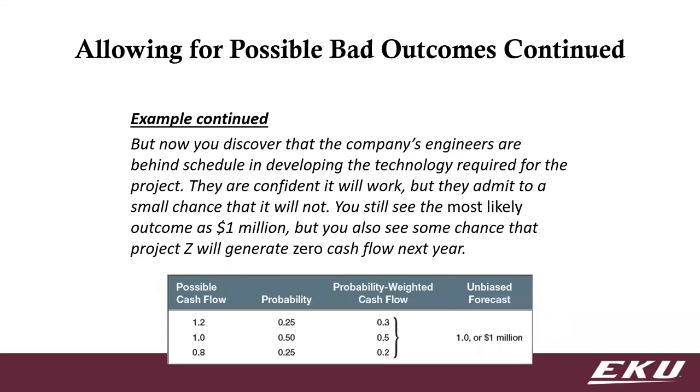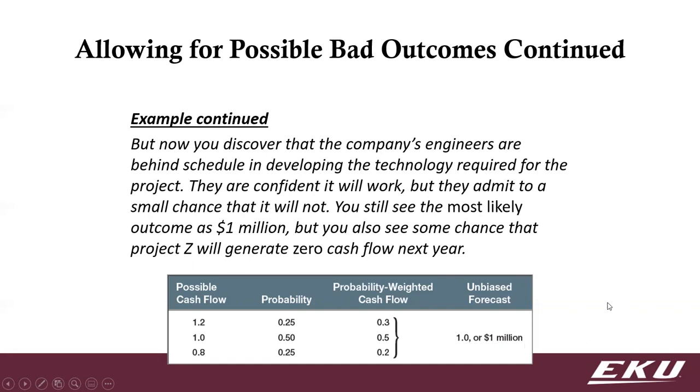we introduce risk in the sense that it's not $1 million, there's a 50% chance it's $1 million, right? But there's a 25% chance it's only 800,000, and a 25% chance it's 1.2 million. Well, turns out, when you multiply these together, 1.2 times 0.25, 1 times 0.5 is 0.5, and 0.8 times 0.25 is 0.2, and you add those up, it's 1.0 times 1 million, so the 1 million, right?